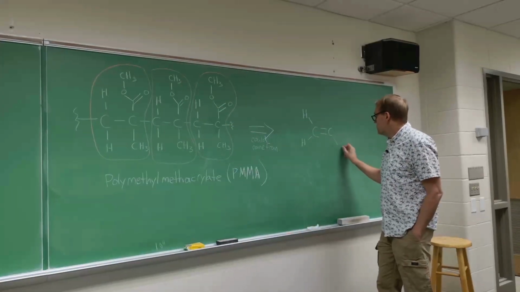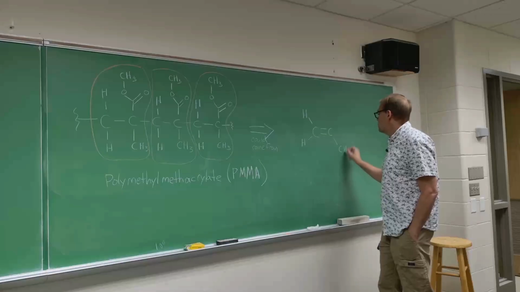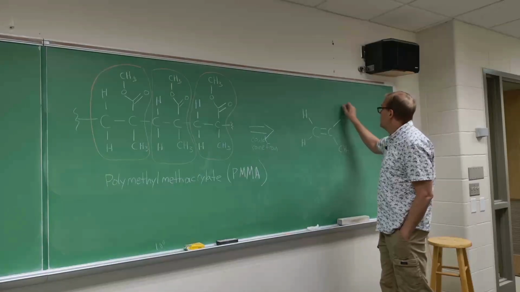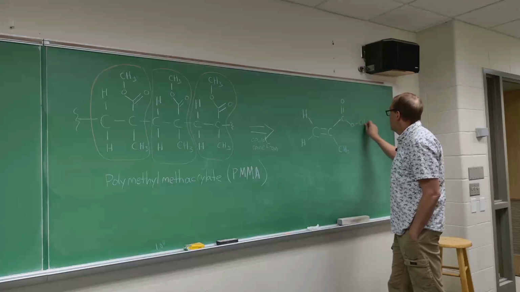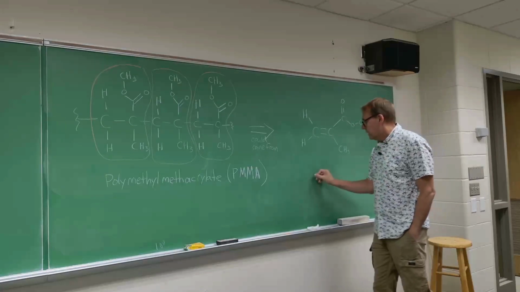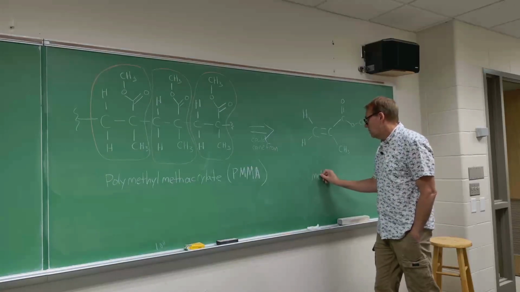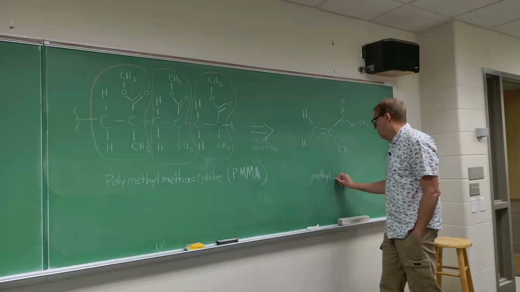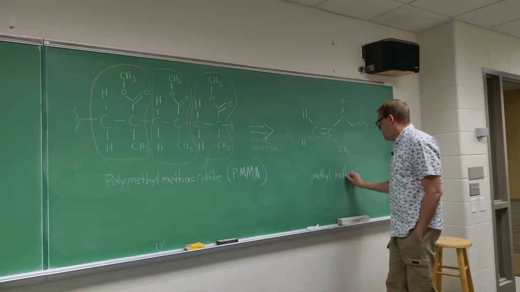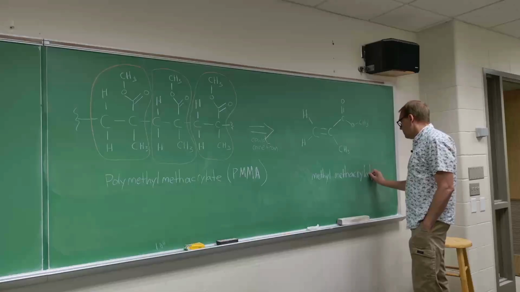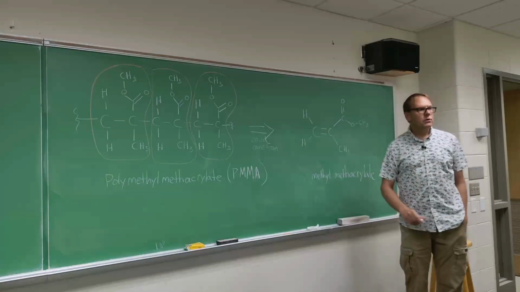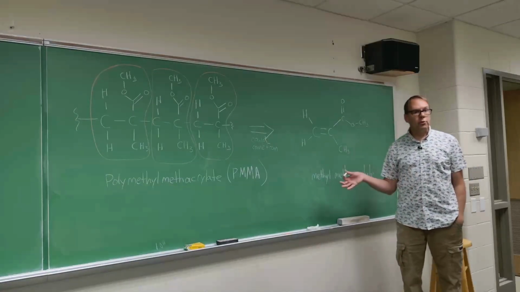I'm going to draw those features. This molecule is the monomer that polymethyl methacrylate comes from, and it is called, as you might imagine, methyl methacrylate. So that's an important type of radical polymerization polymer.